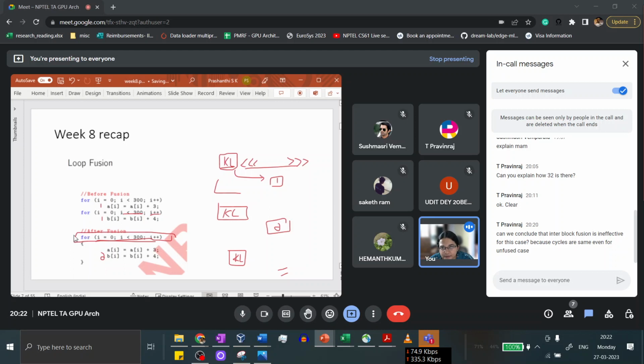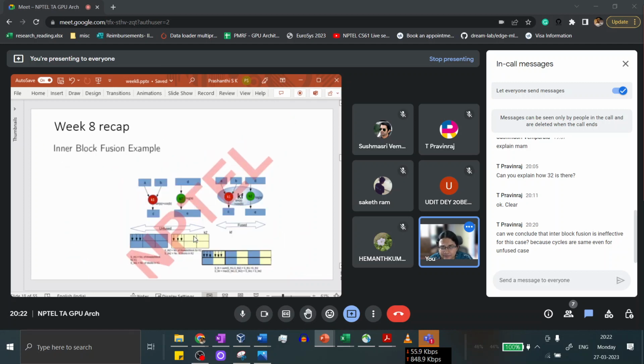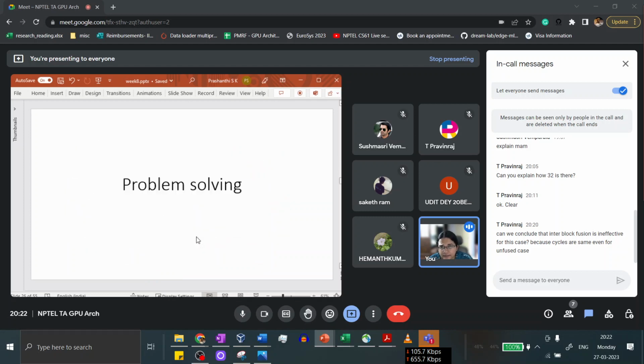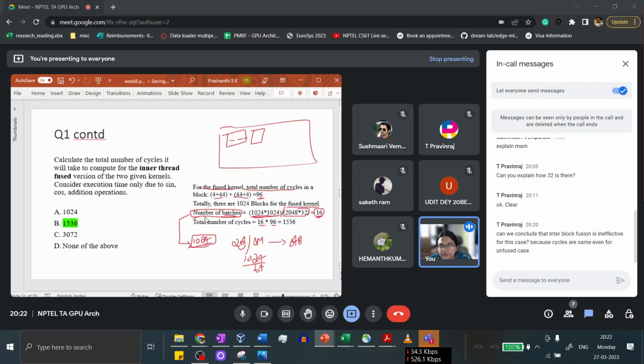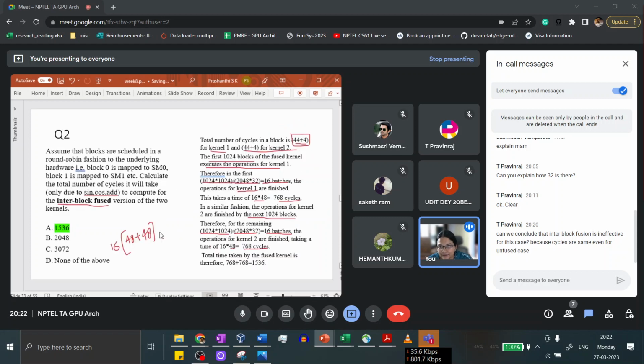Similarly here, the loop overhead in this case is visible from the program itself, right? But remember, when we are talking about these kernel fusions, we are only accounting for the cycles from the arithmetic operations. We are not actually talking about the overheads of launching these kernels, right? So if you took into account some of those other numbers, you would get very different results, and that's what the practical examples in the course highlight, right?